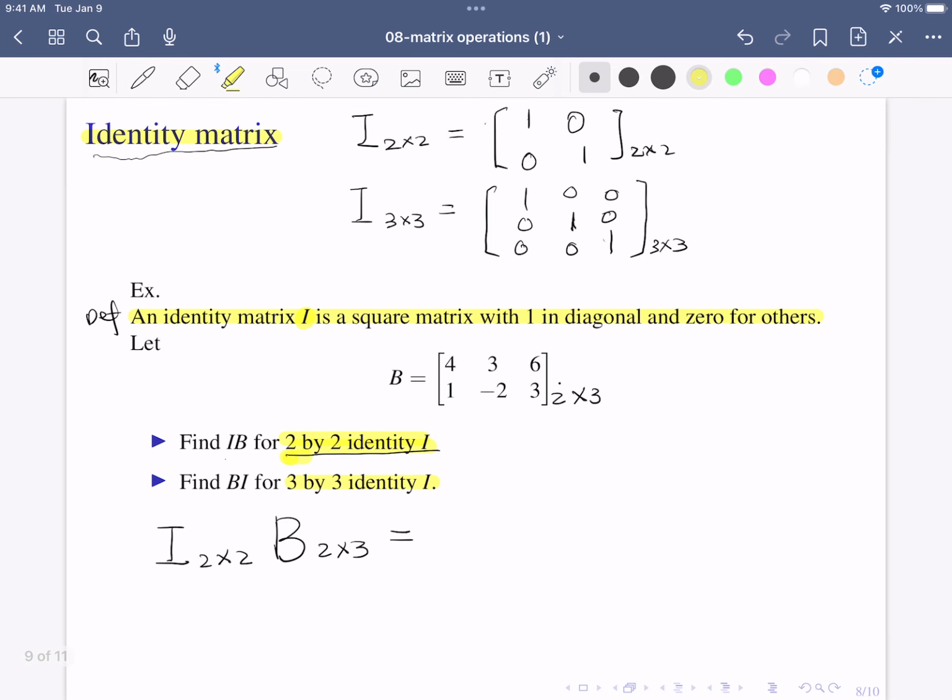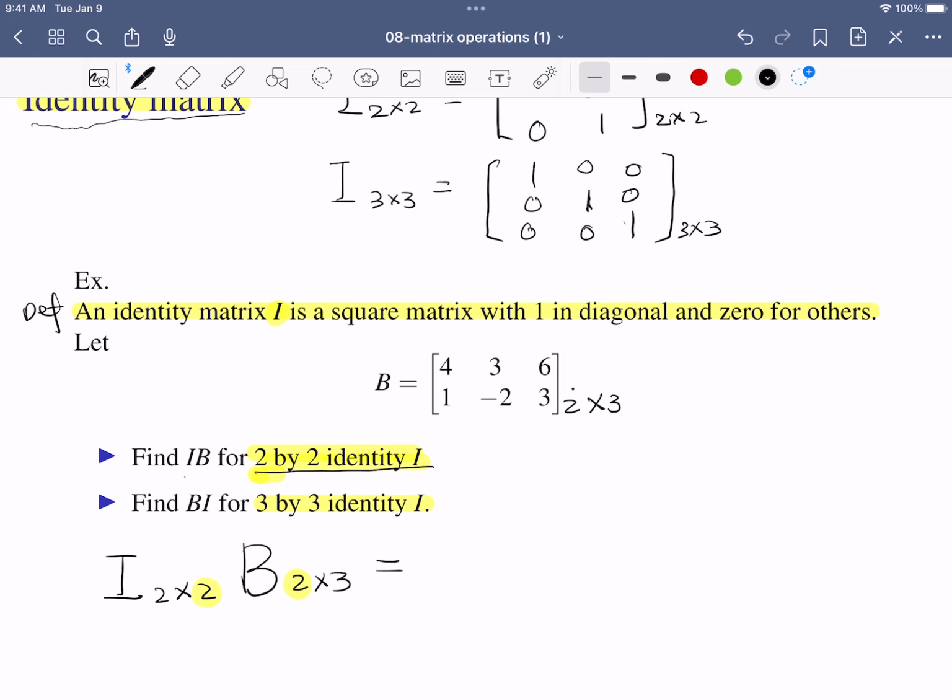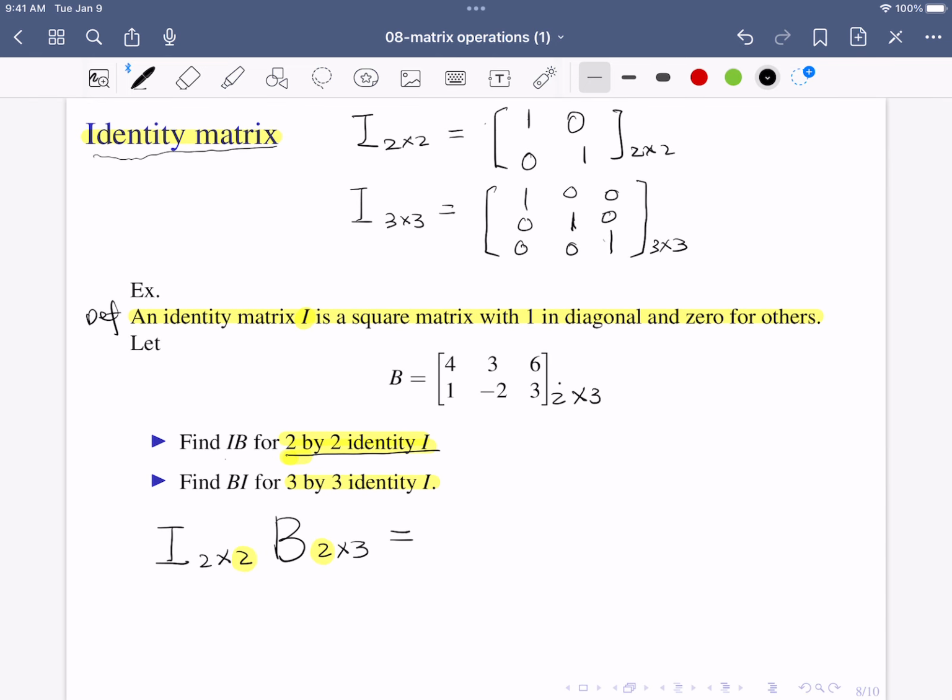So we look at the second component of I's shape and the first component of B's shape. If they are the same number, then you can multiply together. So 2 equals 2. In other words, this is a legal, well-defined operation.